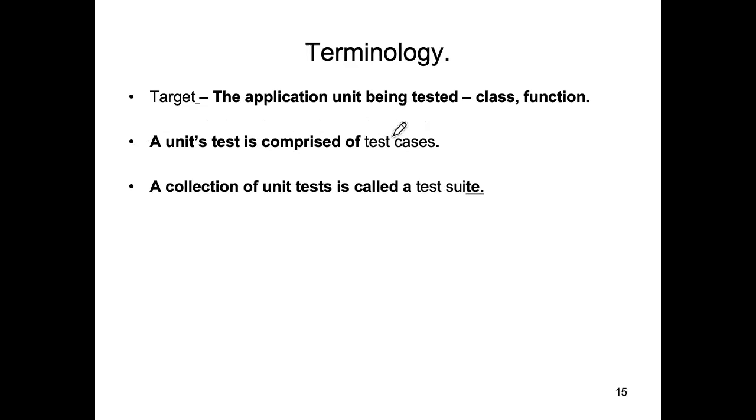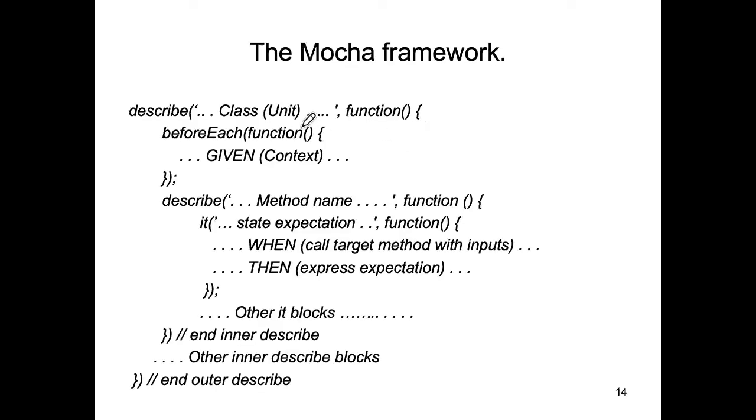So if I go back to this, all of this code would appear inside a single file. There would tend to be a single test file per unit, and each test file we refer to as a unit test.